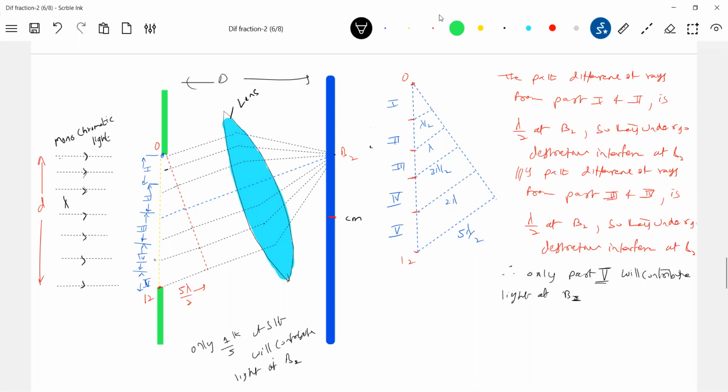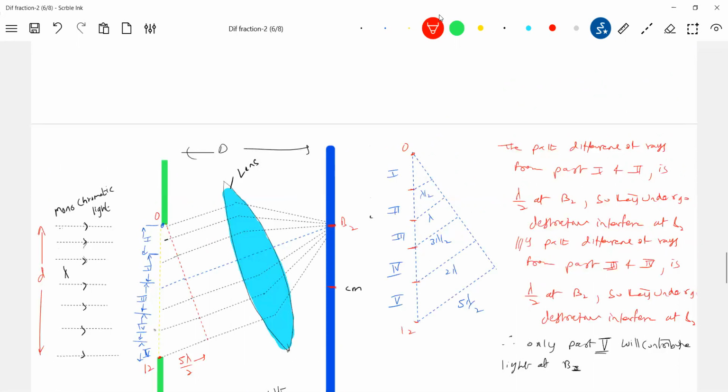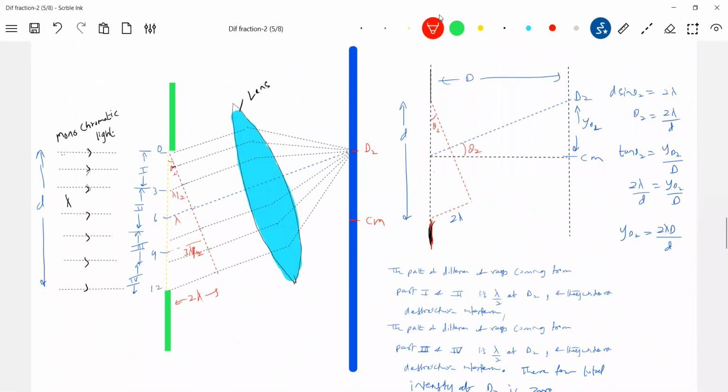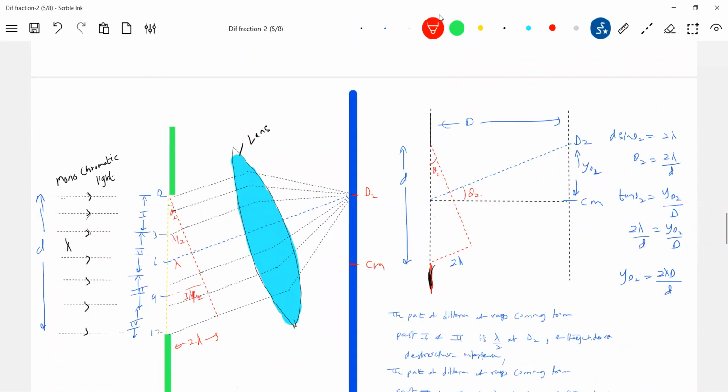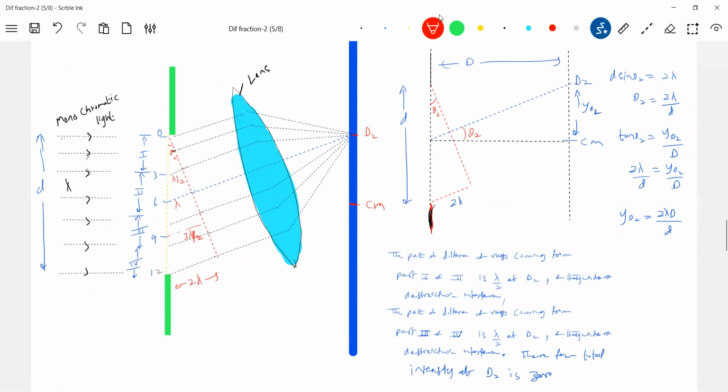So definitely the intensity at B2 should be less than that at B1, which should be less than that of the central maxima. So these ideas: the light from all parts will mutually cancel.